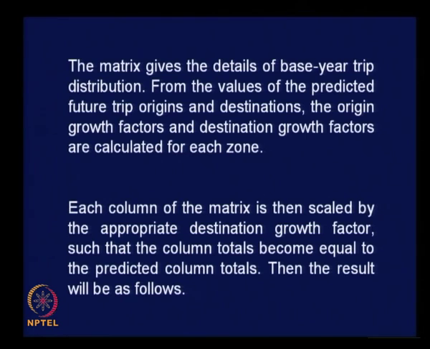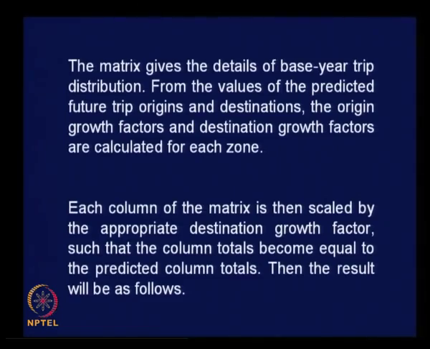Each column of the matrix is scaled up by the appropriate destination growth factor, such that the column totals become equal to the predicted column totals. Obviously, when you multiply by the corresponding growth factor, you will find that the totals match your predicted totals. Then the result will be as follows.